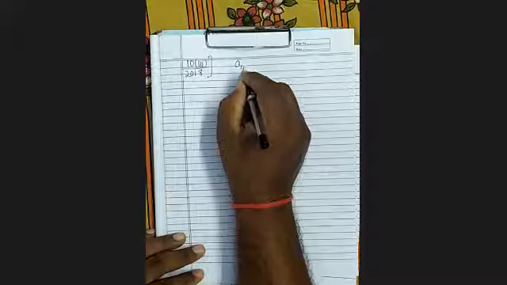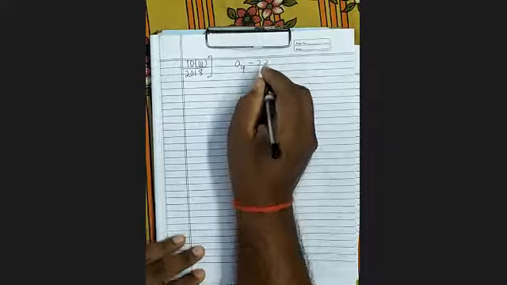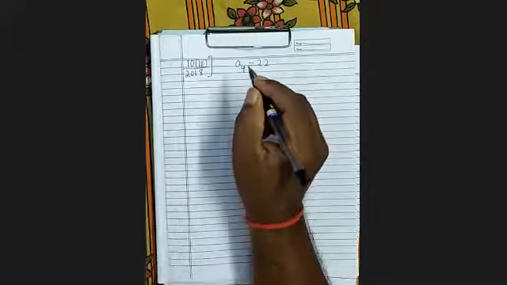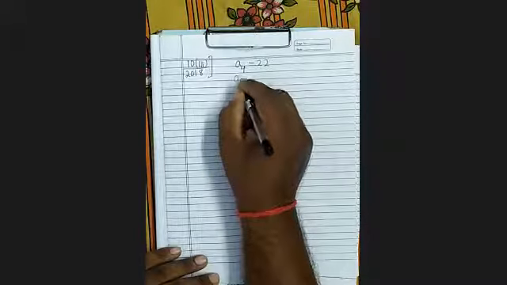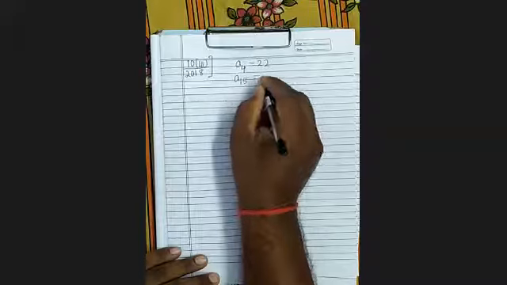The fourth term of AP is 22. With which symbol will we denote it? Fourth term is 22. Tell me, what will be the symbol of the fourth term? A4. A4 is 22. And 15th term is 66. A15 is 66.